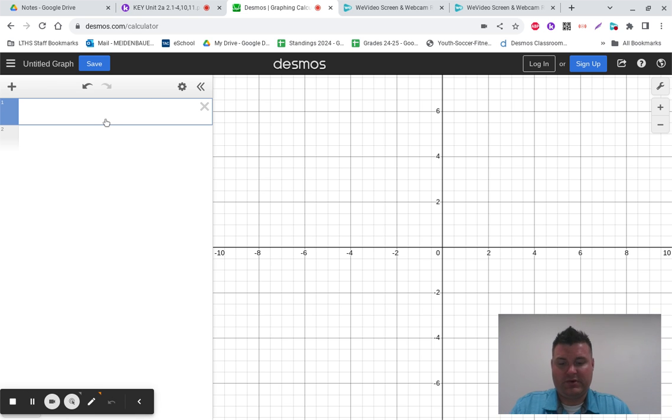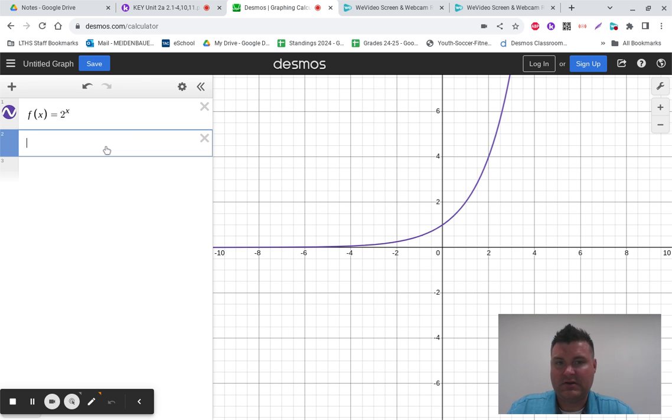All right, so we are first given f of x is 2 to the x. That's in purple.